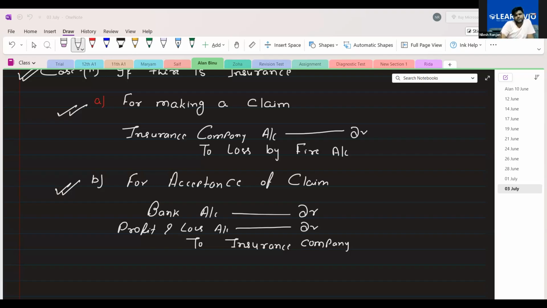And the journal entry for acceptance of claim and paid in full amount is bank account debit to insurance company. Yes, that's what I said. So now here, if we write for acceptance of claim this journal entry, then I'll think that for paying the full amount and paying half amount, the journal entry is the same.